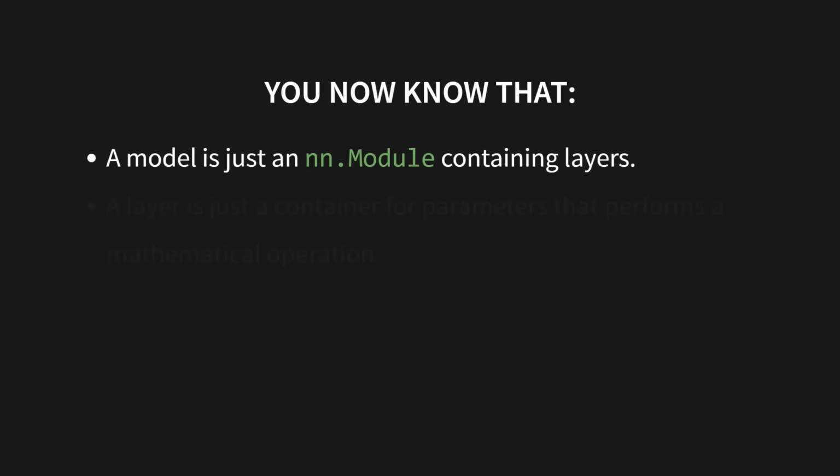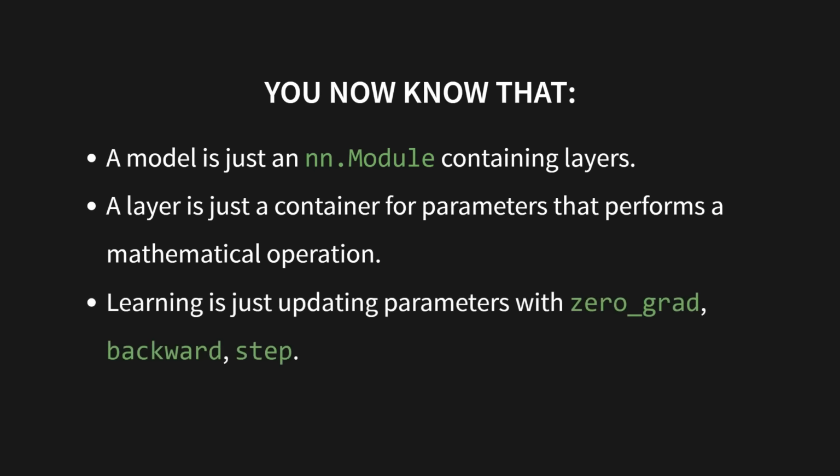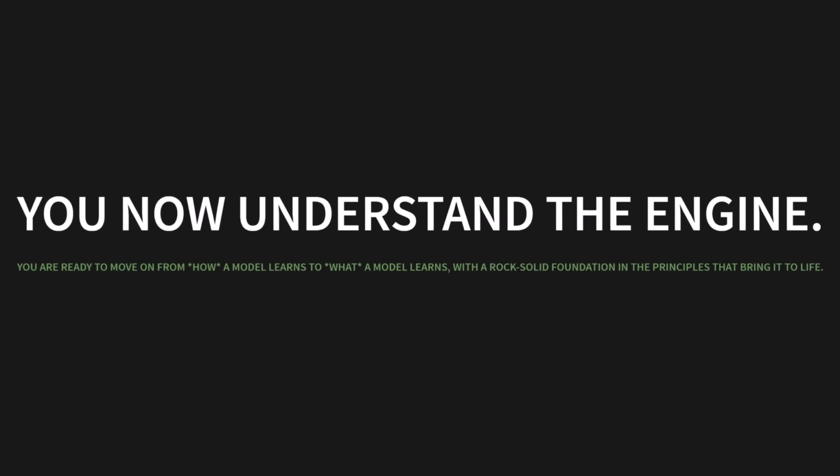A layer is just a container for parameters that performs a mathematical operation. And learning is just updating those parameters with zero_grad, backward, and step. You now understand the engine. You are ready to move on from how a model learns to what a model learns, with a rock-solid foundation in the principles that bring it all to life.